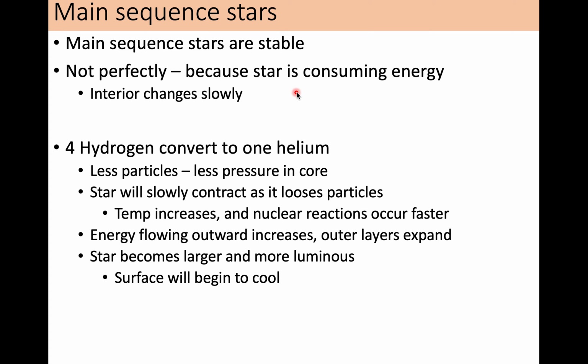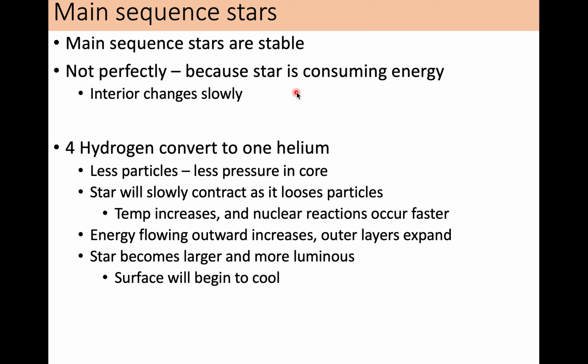What happens is the star is going to slowly start to contract as it loses particles, because it's losing pressure within the core. As it contracts, the temperature increases. So as the star gets smaller, the temperature is going to increase. This is going to cause the reactions in the core to happen even faster.